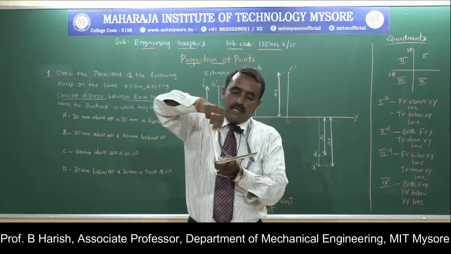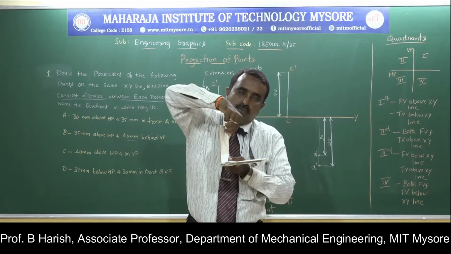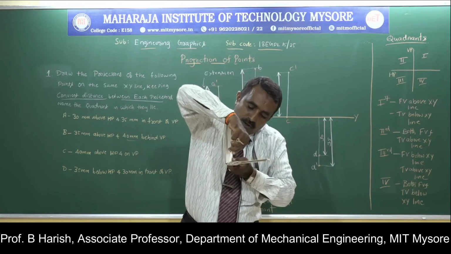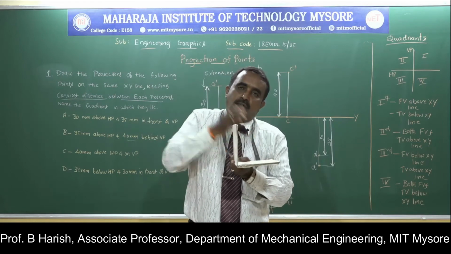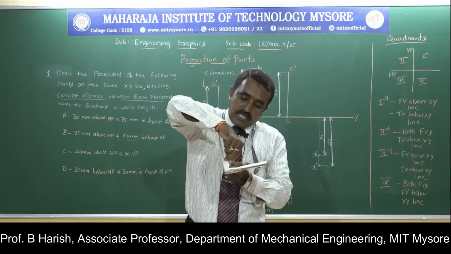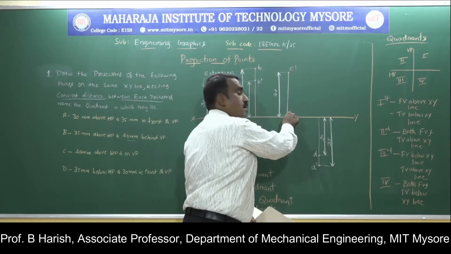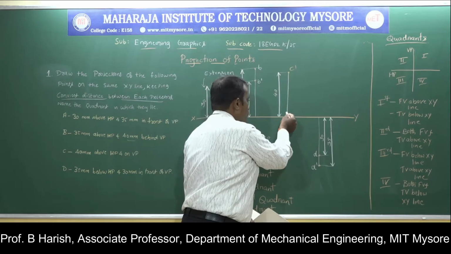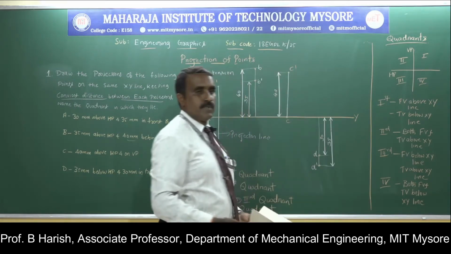Since it is on VP, if you look from the top, it will be projected on your XY line. It can be in front or behind, that is not mentioned, but the projection will be on the XY line. From here, you draw a vertical projector. So this is the point C, the top view, and this is C dash.